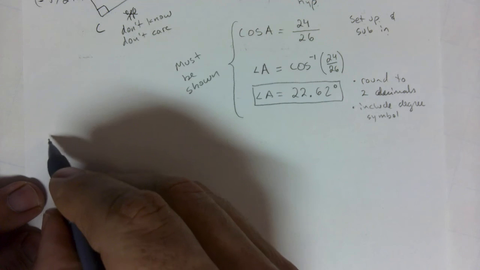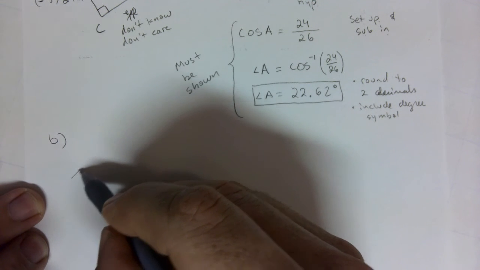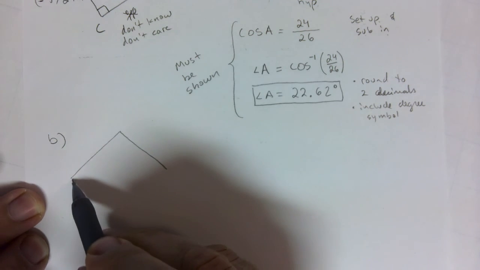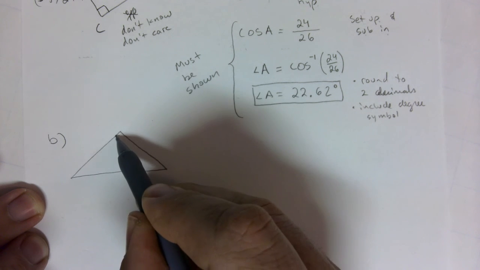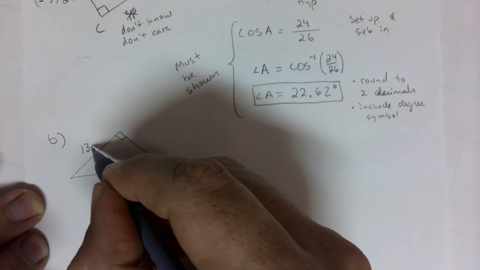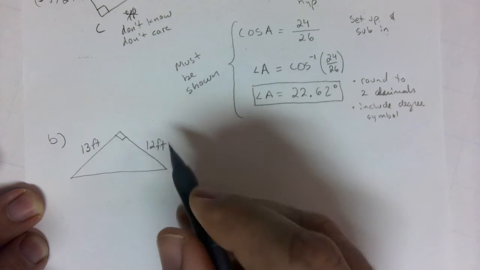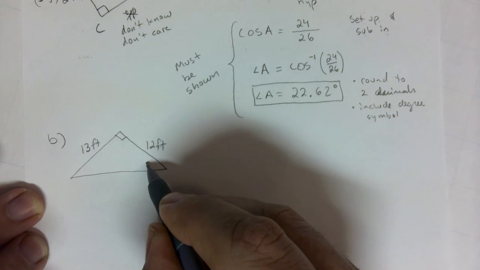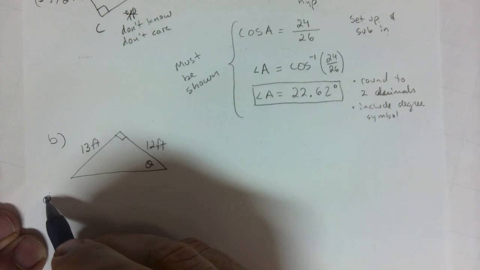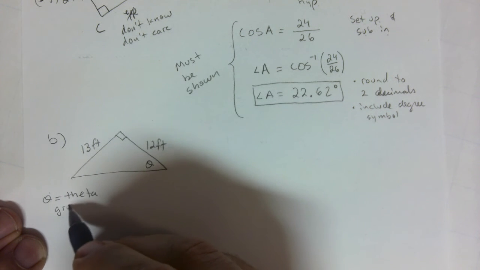Okay, another example, B. Let's introduce theta. There, and let's say this is 13 feet and this is 12 feet. Oh, feet, sorry, I won't do that to you. And let's say they're asking us for this angle right here. This just means theta, Greek letter.